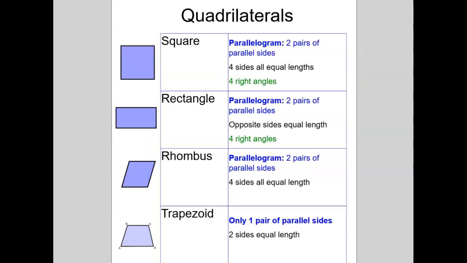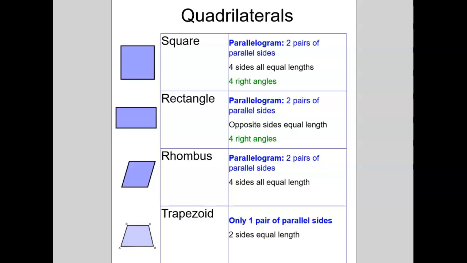We're going to focus on some very specific types of quadrilaterals. The quadrilaterals we're going to focus on today are squares, rectangles, rhombuses or rhombi, and trapezoids. So a square is a type of quadrilateral. Why is a square a type of quadrilateral?